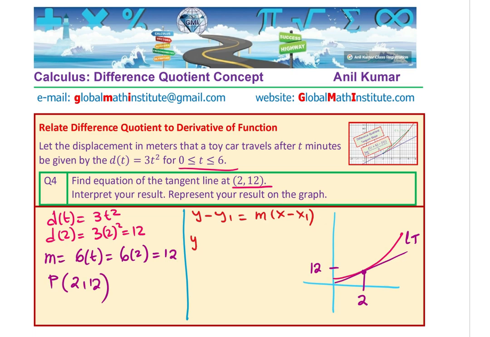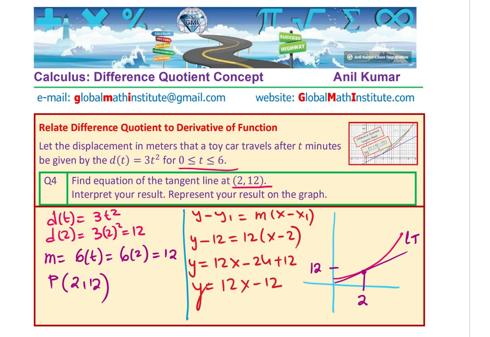So in this case, y minus y1 is y minus 12 equals the slope 12 times x minus 2, correct? So that becomes the equation. So y equals, we can take this 12 to the right hand side. We get 12x minus 24 plus 12, which is 12x minus 12. Is it okay? So that becomes the equation of the tangent line at 2. Perfect. So that is how we are going to answer this particular question.